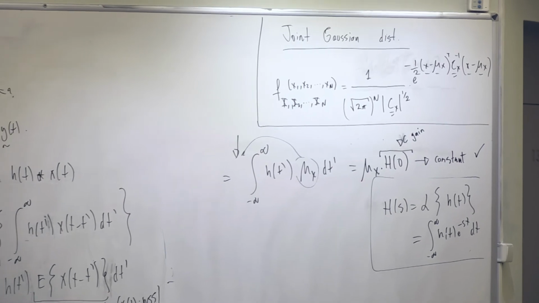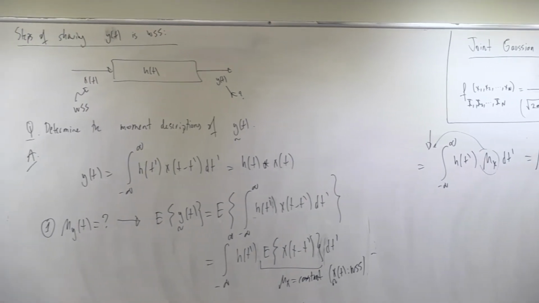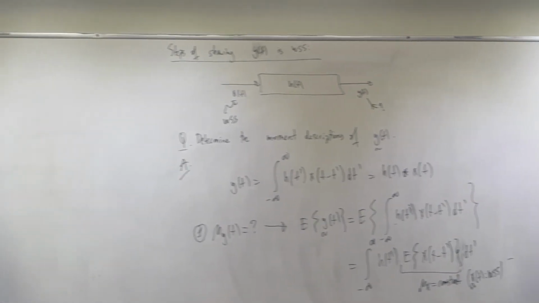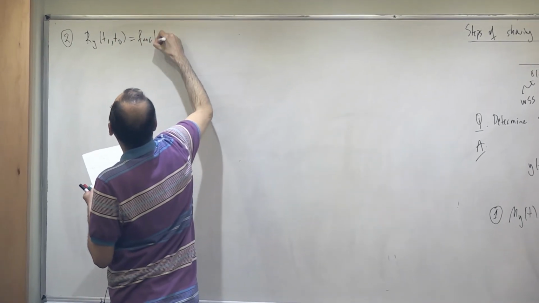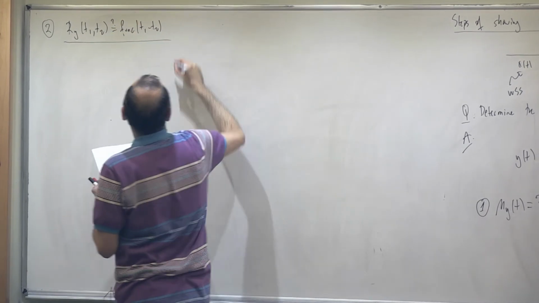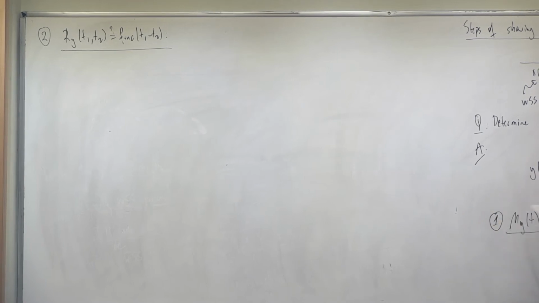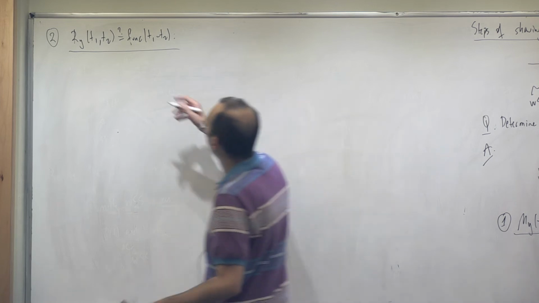The second part is a little bit more difficult, but once you understand what is going on, it won't be much different from the earlier one. Now the topic is whether the output autocorrelation is a function of T1 minus T2 or not. Now I would like to study this. This was for this. Now how can I handle this?